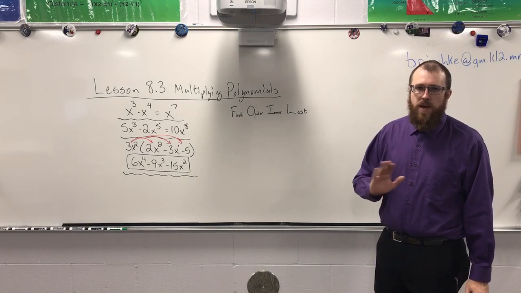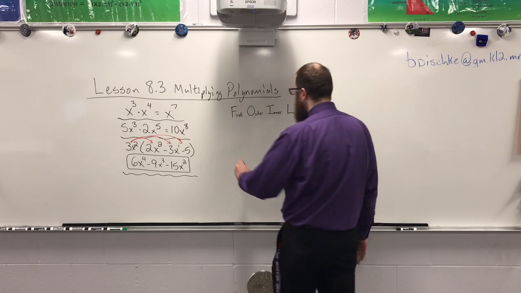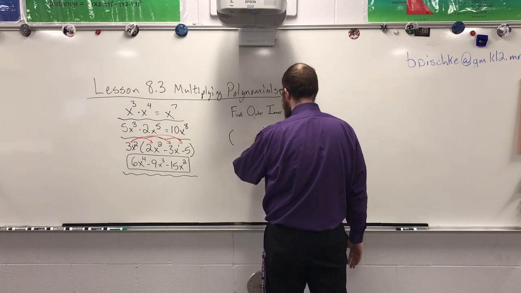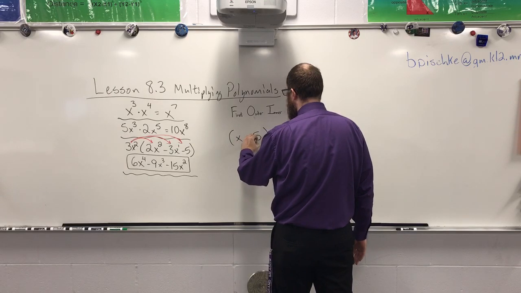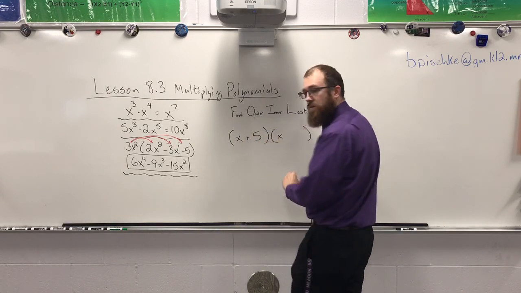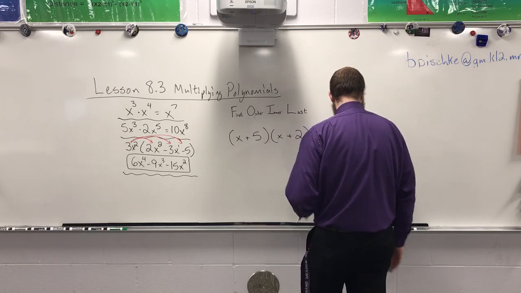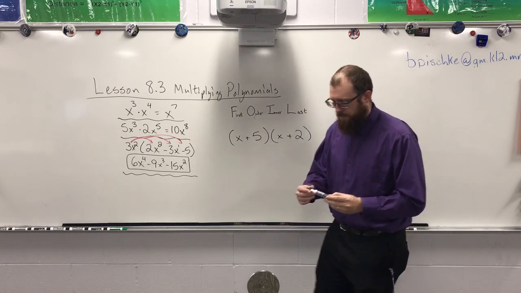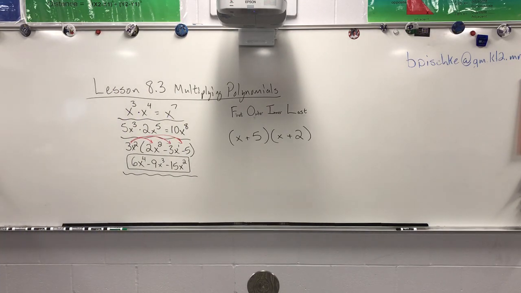So we're going to look at our binomial situation. Let's work with a simple one first. X plus 5 times x plus 2. I'll let everyone get that written down and settle it onto their paper.